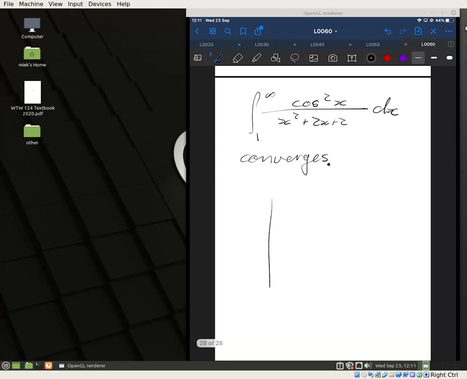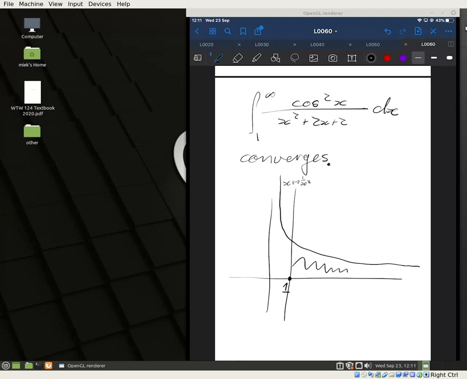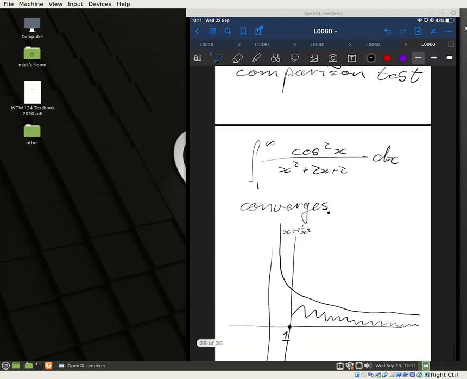And also, just to drive it home, what is the situation here? We're looking at the integral from 1 to infinity. What does the function that sends x to 1 over x squared look like? Looks something like that. And now we've got this funny oscillating function, oscillating because we've got this cosine squared in here.